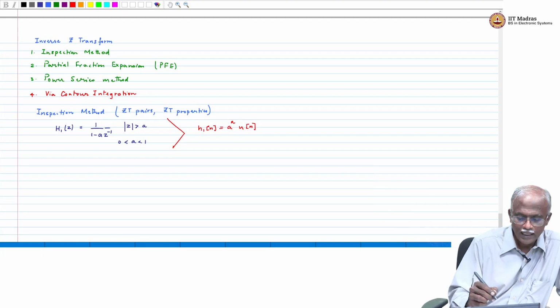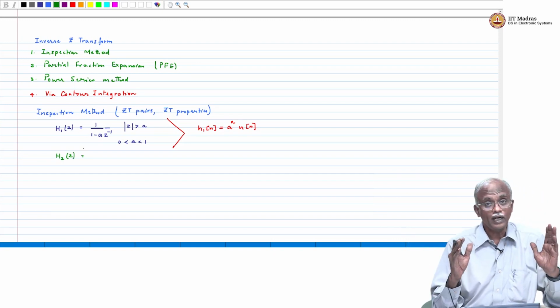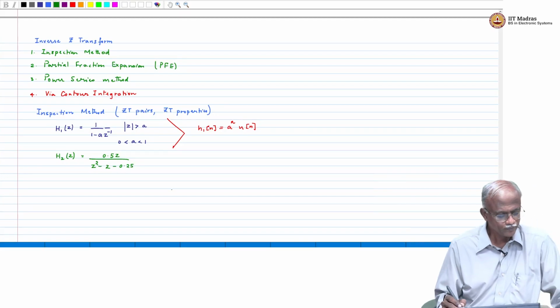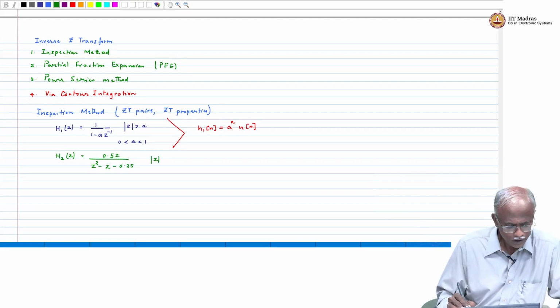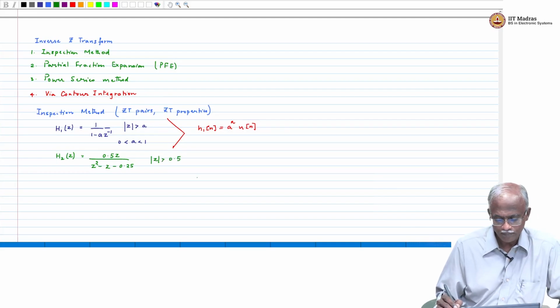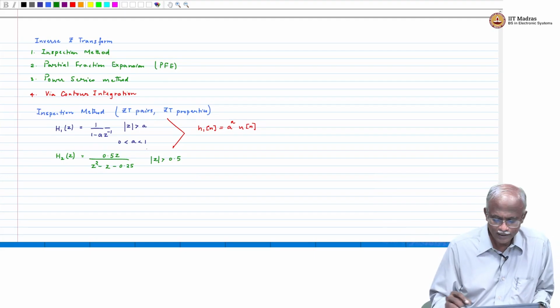Now take it in the same way, but something not as obvious in terms of the answer: 0.5 Z divided by Z squared minus Z minus 0.25, where we are given that mod Z greater than 0.5 is the ROC. Let us see if we can simplify this.